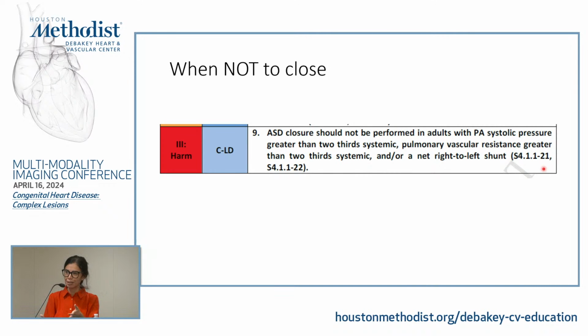We treated, we got the pressures where we wanted to be, but then on test occlusion, what happens to the wedge pressure? It went up to like 30. So what will happen if I close that defect for that patient? Well, with an acute increase in your wedge to 30.